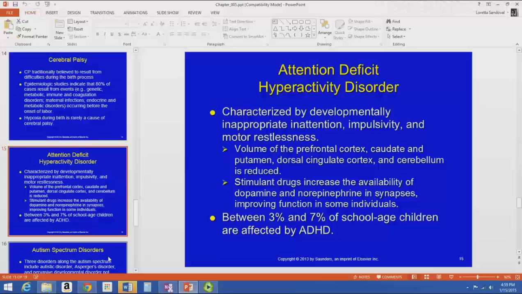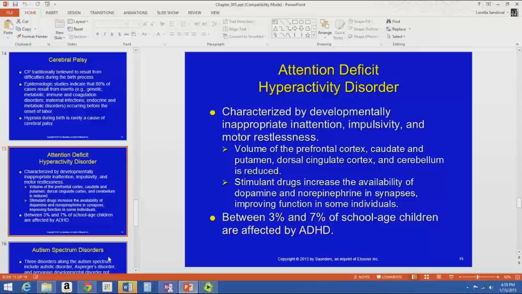So even though I'm not going to test you on this, I just think it's interesting that attention deficit hyperactivity disorder, or ADHD, is now classified as a developmental disorder. So it's the developmentally inappropriate inattention, impulsivity, and motor restlessness. And they have found that the volume of several structures, the prefrontal cortex, the caudate, the putamen, dorsal cingulate cortex, and the cerebellum is reduced.